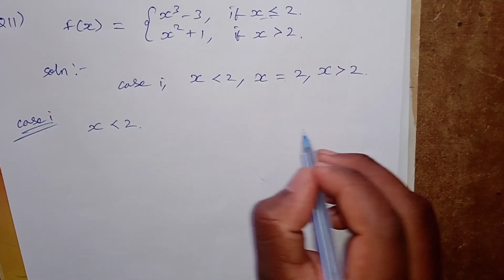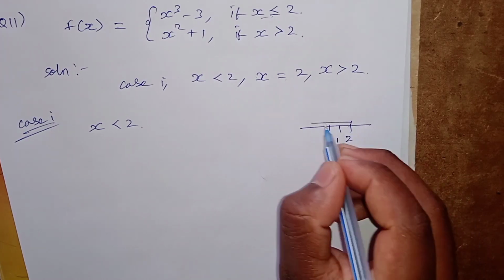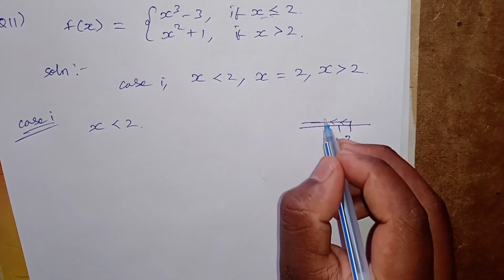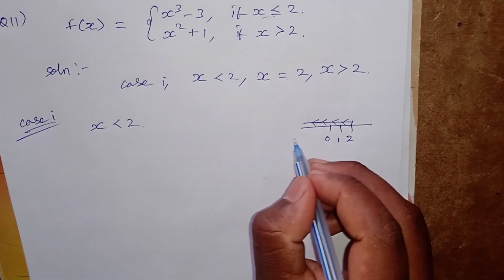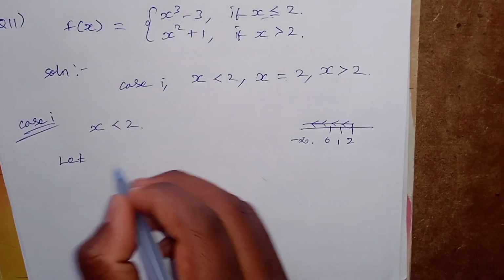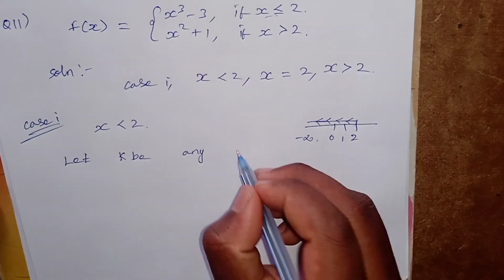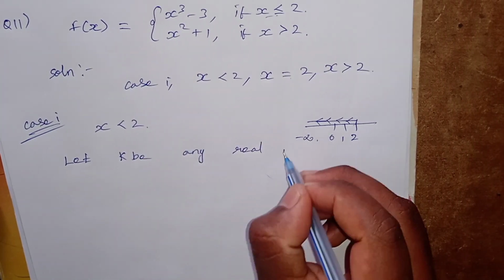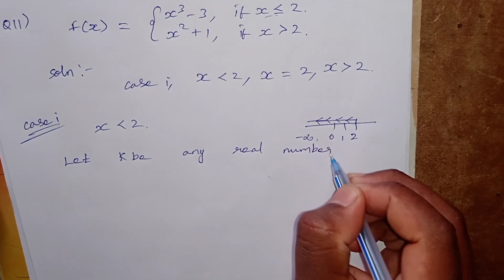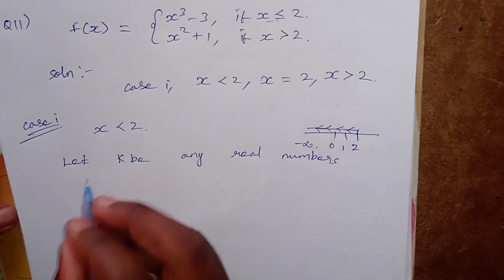Less than 2 means 2, 1, 0. From here you can take any values, up to minus infinity. So I am taking, let k be any real number.